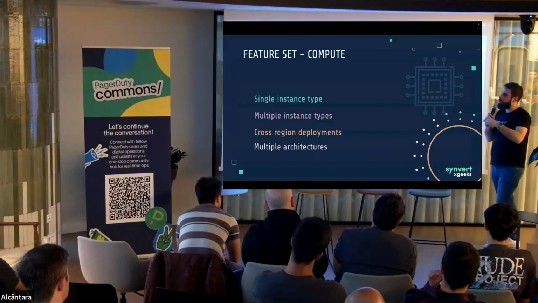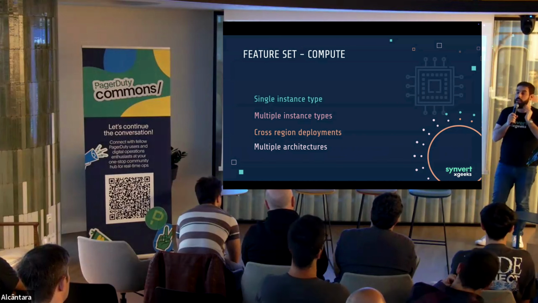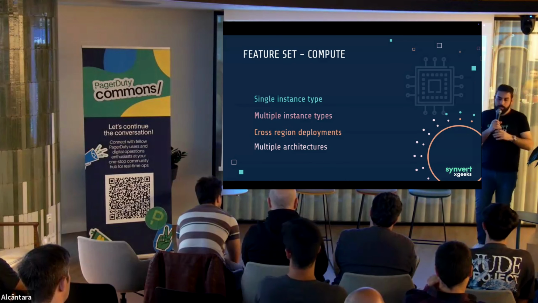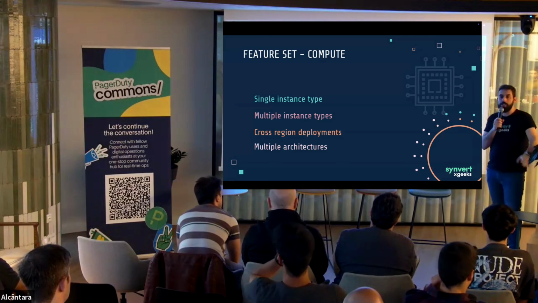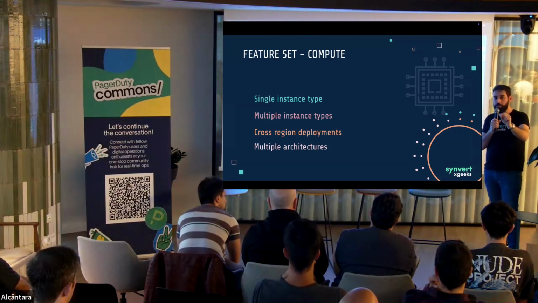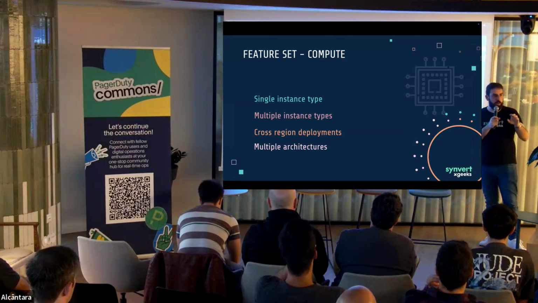In terms of compute feature sets, so for you to know what we are already able to do: single instance or multiple types of instance. Basically, you can just define, I need my runners to use this particular instance type, which for the majority of the people or projects is okay.